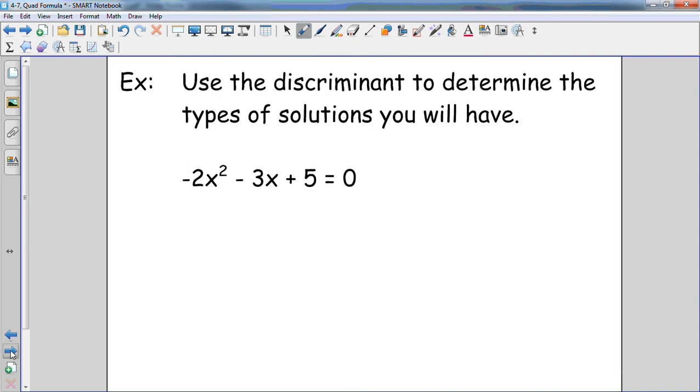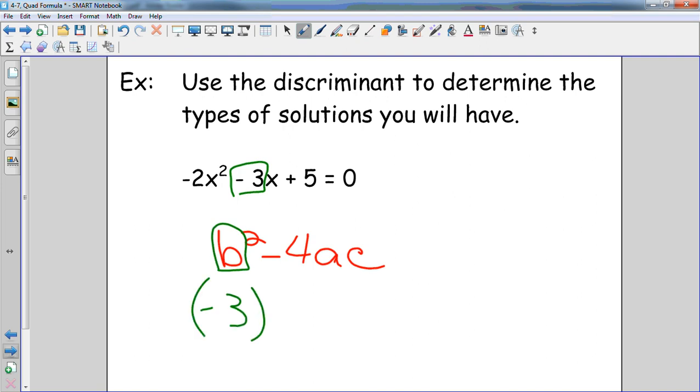All right, let's talk about the discriminant. So I have b squared minus 4ac. Let's figure out what my graph is going to look like. Is it going to hit once, twice, or not at all? Take your b squared minus 4ac and plug them in. So I have negative 3 for b, minus 4 times negative 2 times 5.